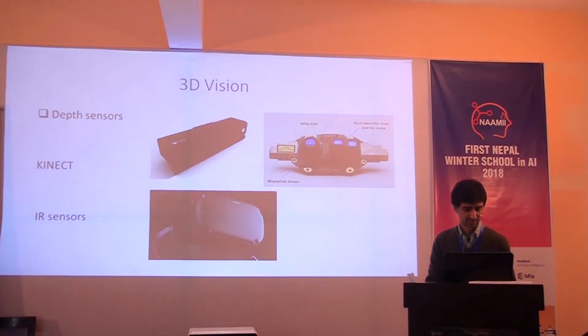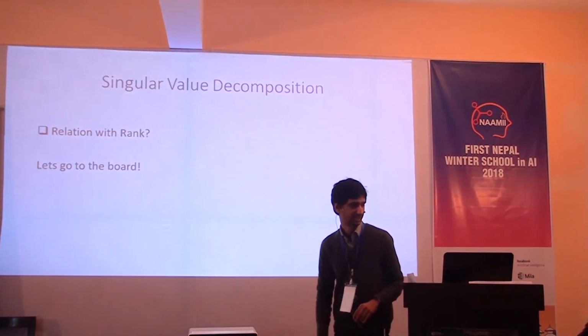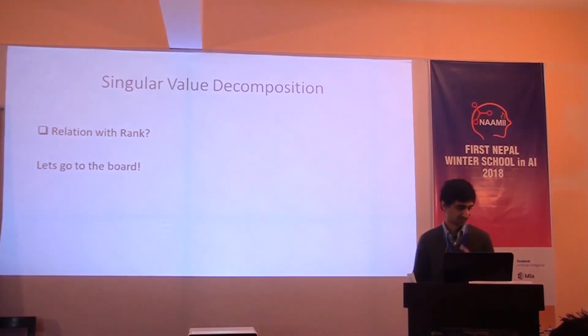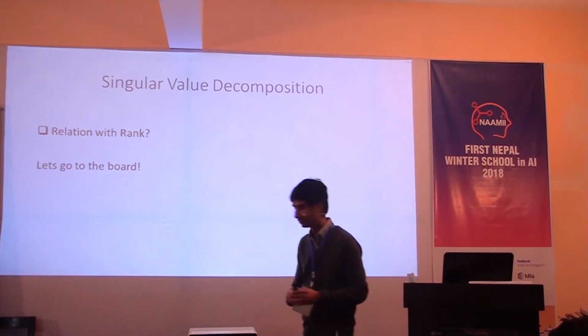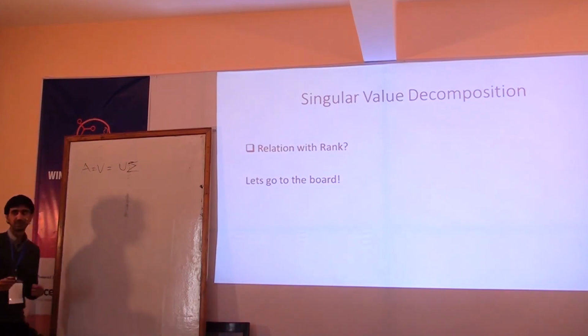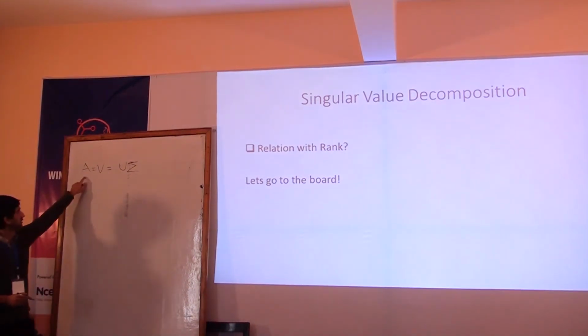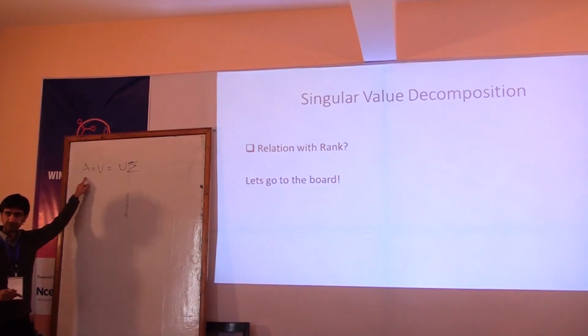One more thing we talked about last time is singular value decomposition. One thing I forgot to mention is what it tells about the rank of a matrix. I will again use the board. We have something like this in the decomposition. A is the matrix we want to decompose.